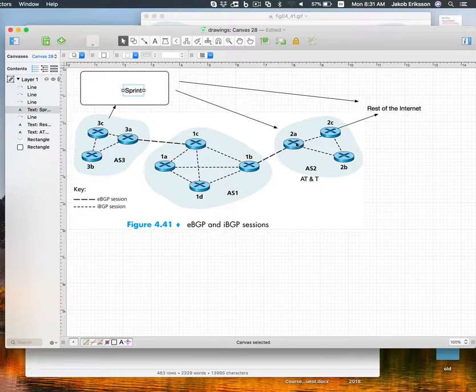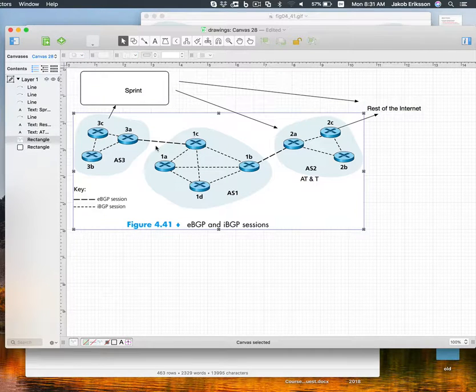So now we can send it back this way. But AT&T also got it from the rest of the internet. Lots of other people had gotten it from Sprint, and they may have sent it on to AT&T. And we actually received it directly from AS3 as well. So now the question is, how do we decide which direction we should send these packets?